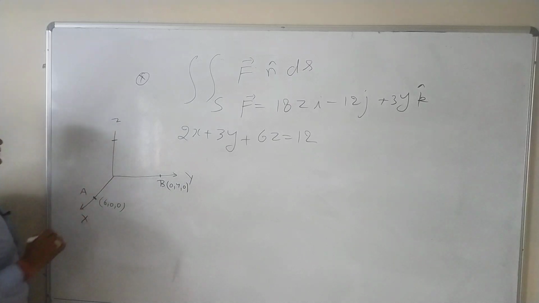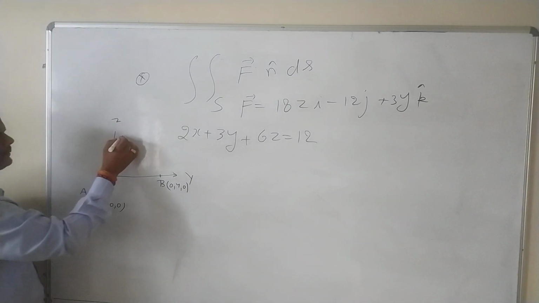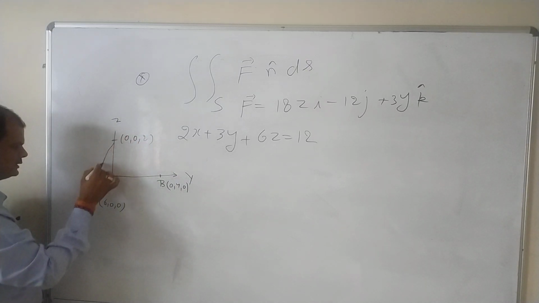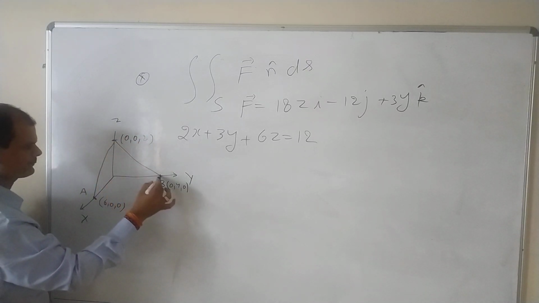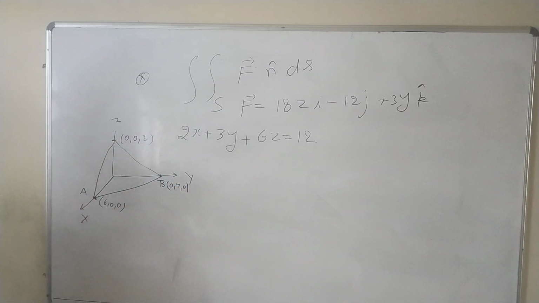And on the z-axis, x and y will be 0, so we have (0, 0, 2). Fine. So this is your plane, this is your given surface.